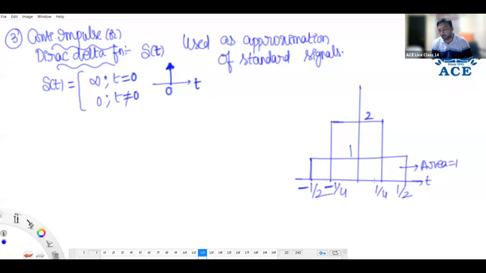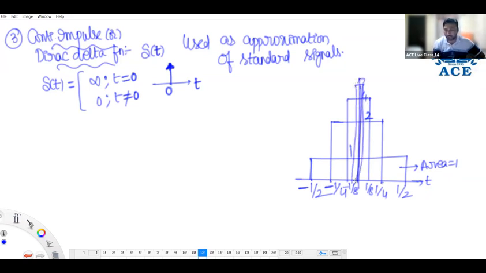If we reduce to minus 1/4 to 1/4, width is 1/2, which means height becomes 2. Further compression, minus 1/8 to 1/8, it will go to 4. Like that, when you go on reducing the width of the time axis, what is happening to the y-axis, sir? Continuously raising.